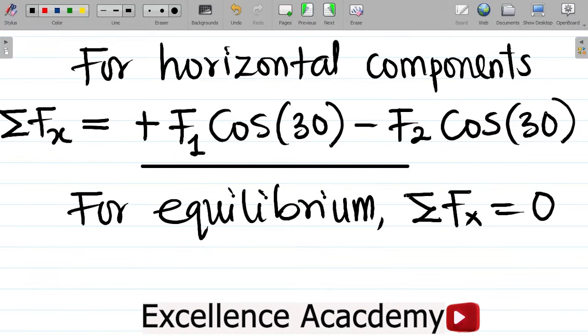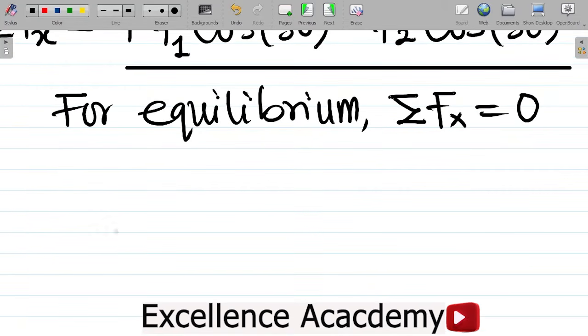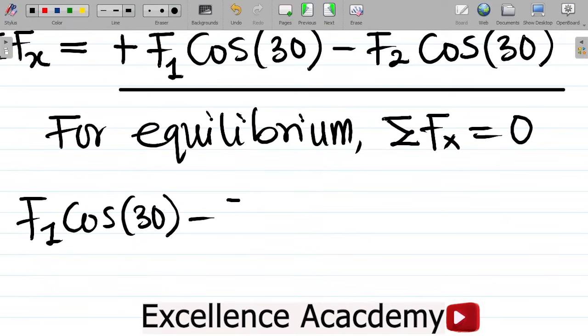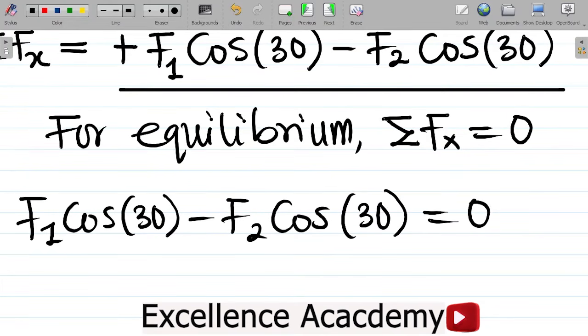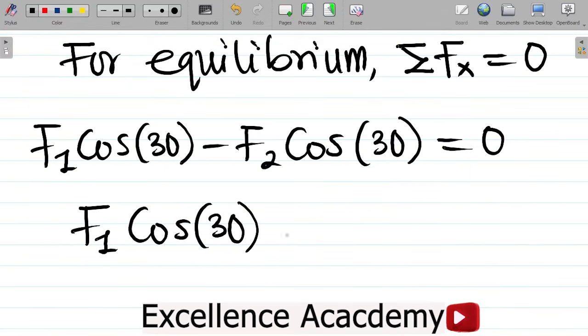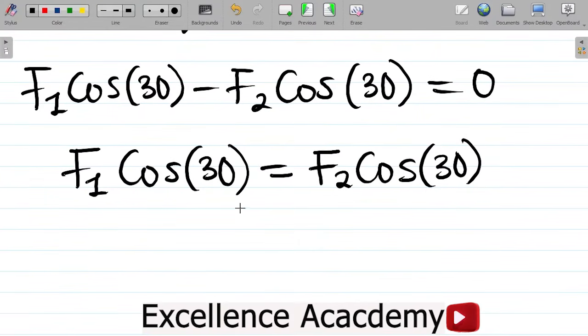Moving F2 over to the right hand side, it becomes positive: F1 cos 30 equals F2 cos 30. You can see that cos 30 cancels cos 30.